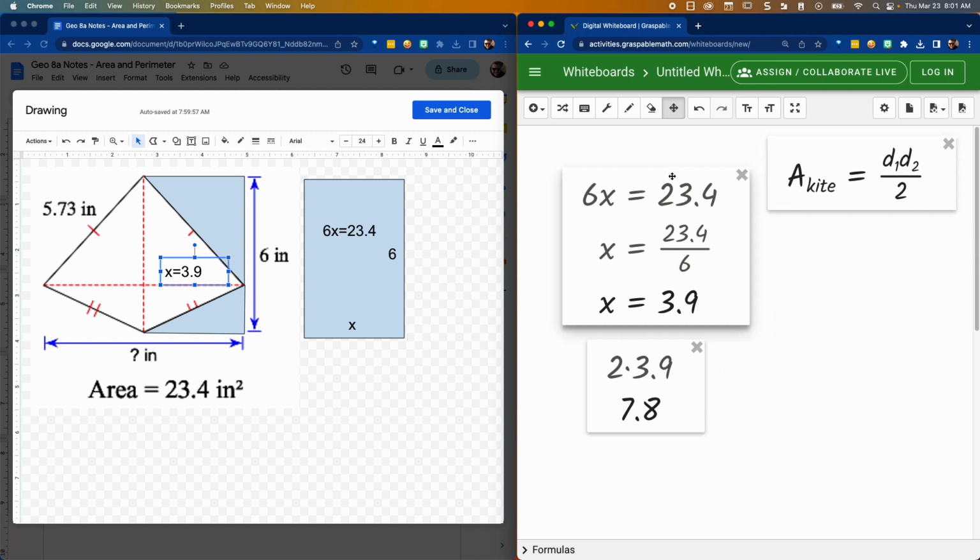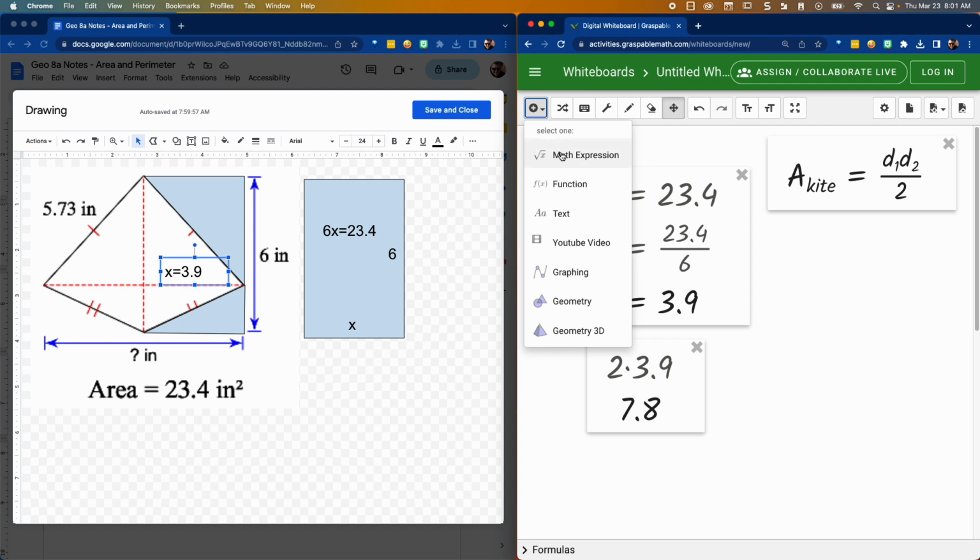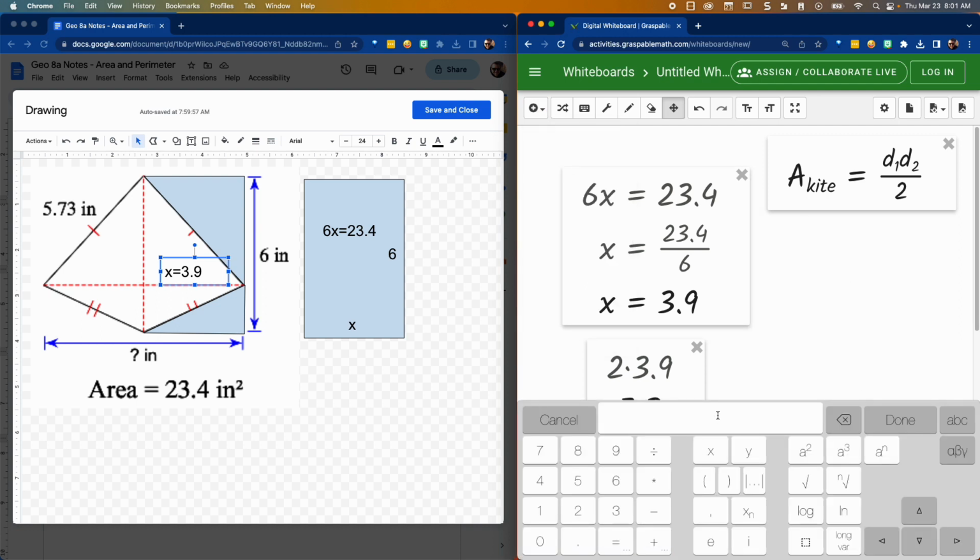Now if I were to kind of fill in those pieces, what would that look like? That would be the area of the kite is 23.4, so 23.4 equals the two diagonals, which are these on a kite. Those are the lines that cut across. So one of those lines is 6 inches, and the other one is a question mark. 6 times a question mark.